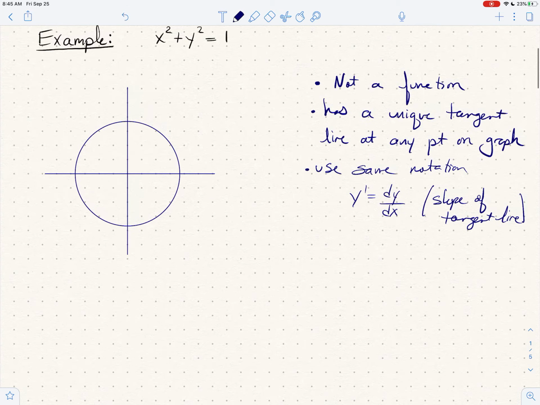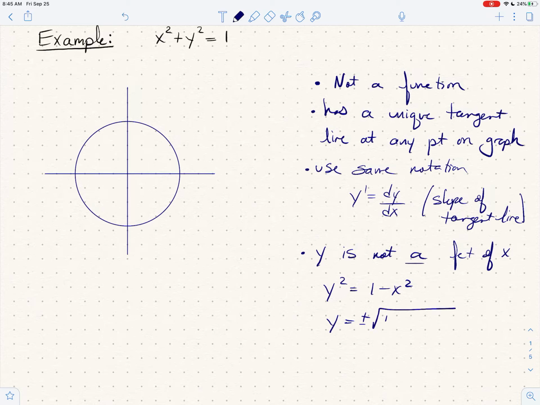A couple of things that I want to point out as well is that y is not a function of x. When you solve for y, you get y squared is 1 minus x squared. So y is plus or minus the square root of 1 minus x squared. There's actually two functions in play, right? The positive square root is the top of the circle. That is a function by itself.